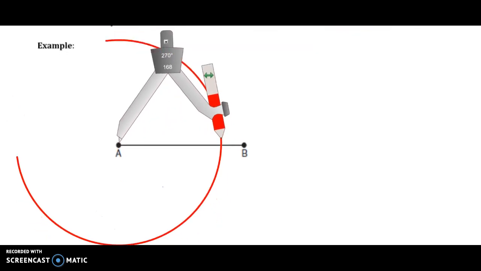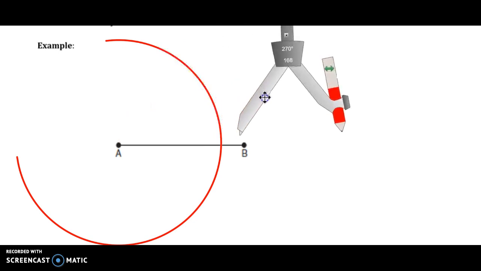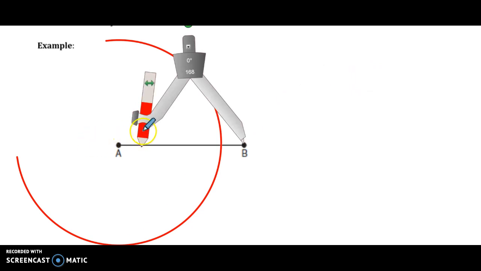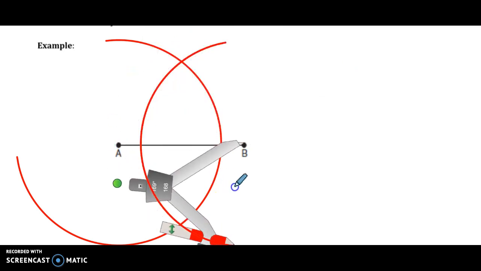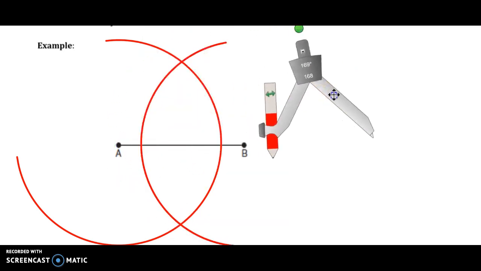And then without adjusting how far open our compass is, we're going to put it on the other point B, the other endpoint of the segment, and make another arc. Where two arcs intersect, we can put points.